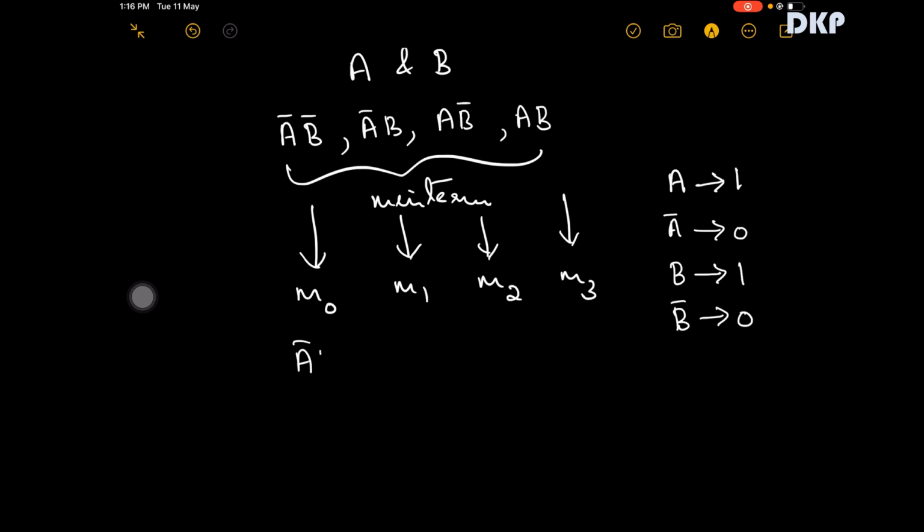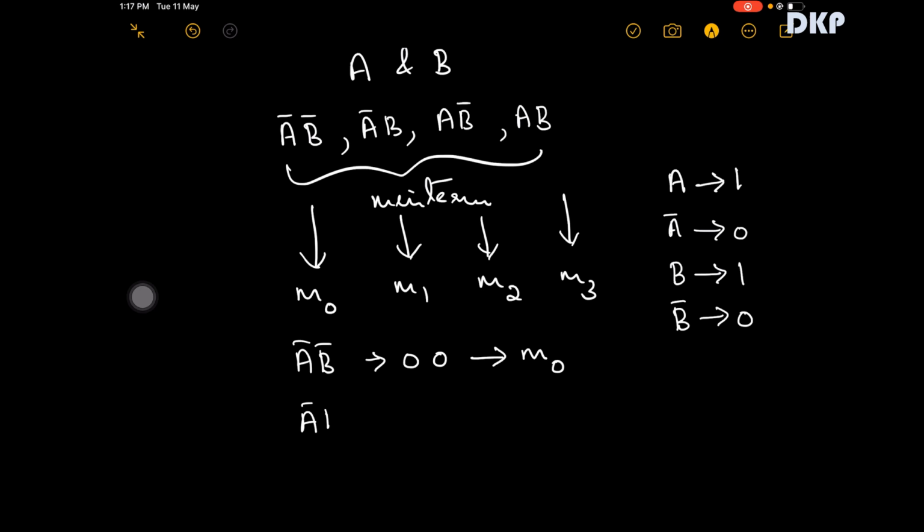Therefore, for A bar B bar, we can write 0 0, which is equal to M0. This is the decimal designation of A bar B bar, where the letter M is the minterm and the subscript 0 is the decimal designation.